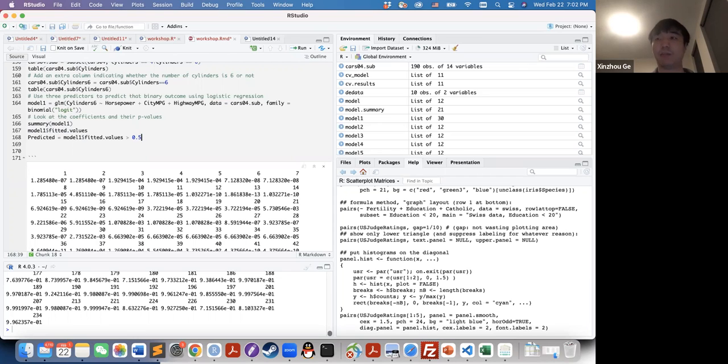And then we can predict the cars whose probability is smaller than 0.5 as 4 cylinders. It is one way to make the decision.